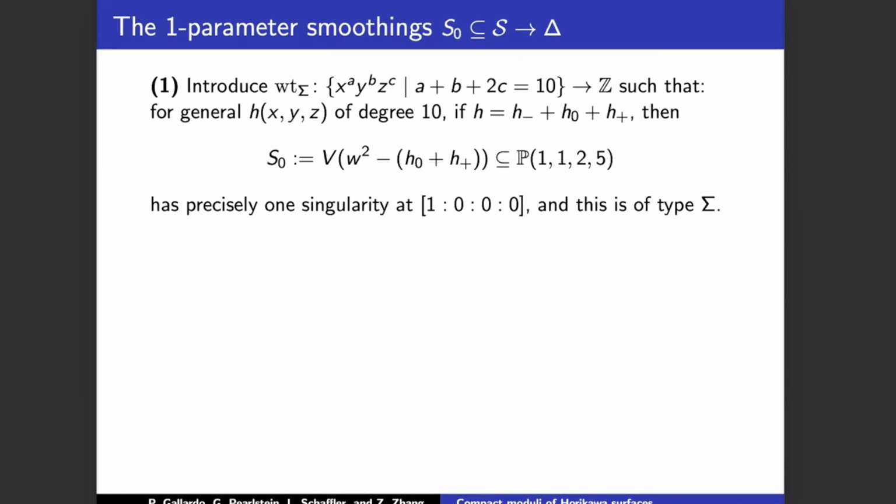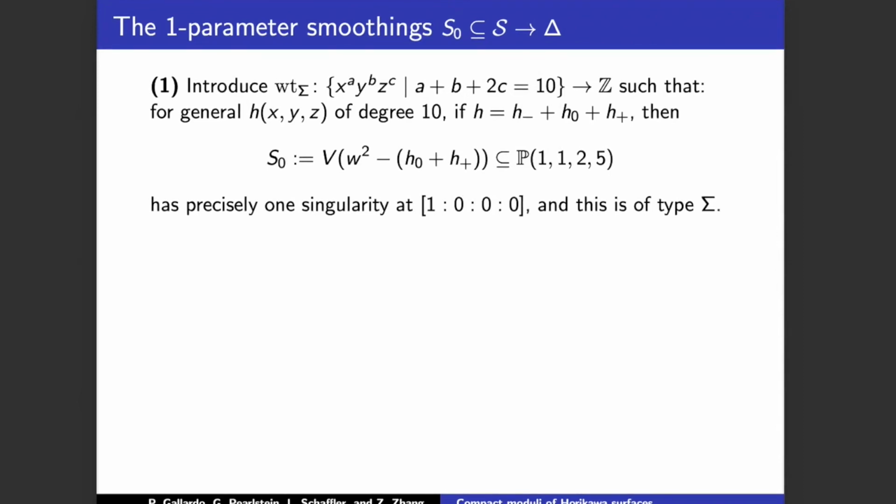We want that if you take a general polynomial h of degree 10, and break it into its negative weight part, h minus, zero weight part, h0, and positive weight part, h plus, then the surface S0, expressed as the vanishing of w squared minus the sum of the h0 part and the h plus part, is going to be a surface with precisely one singular point at (1, 0, 0, 0), and this singularity is of type sigma.